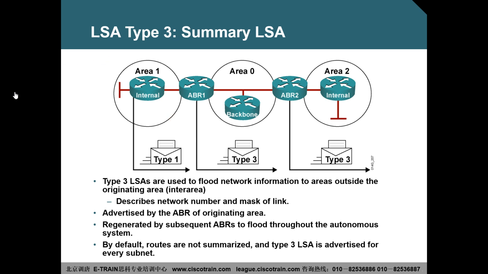So this LSA originates from the border routers, carrying the network information of one area to another area along with the mask, and then it is flooded throughout the autonomous system. For example, this area's information is advertised by this ABR and regenerated again by this ABR to the other area. In that way, it goes throughout the autonomous system.